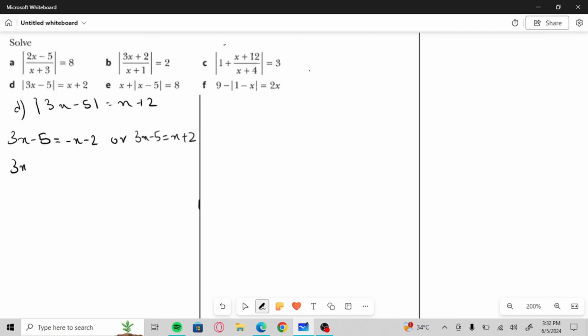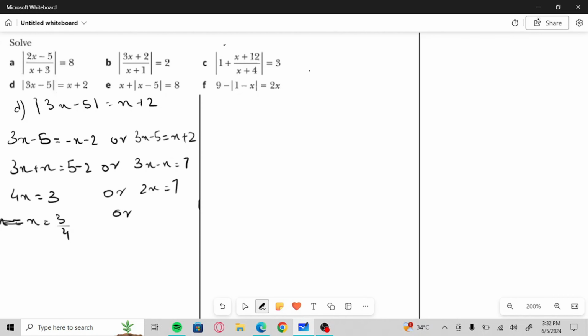So 3x plus x is equal to 5 minus 2, or 3x minus x is equal to 5 plus 2, which is 7. So 4x equals 3, or 2x is equal to 7. x is equal to 3 upon 4, or x is equal to 7 upon 2. You have these two values. Input these into the question to check if they are right or wrong.